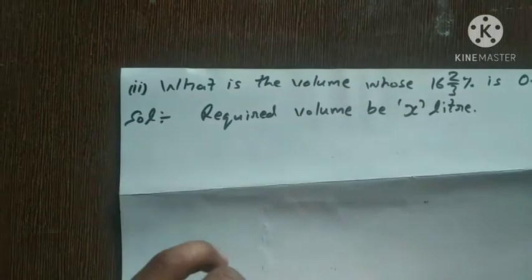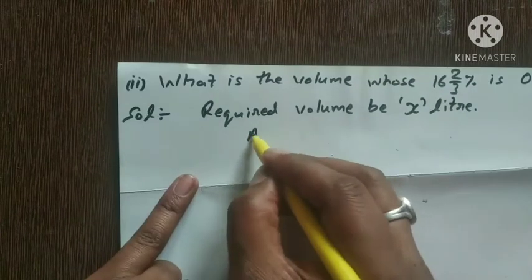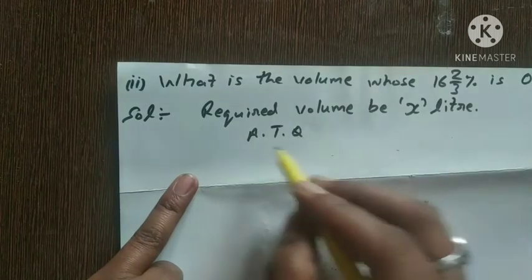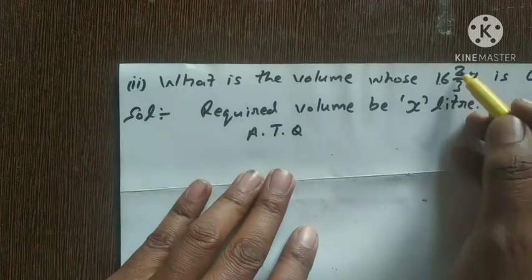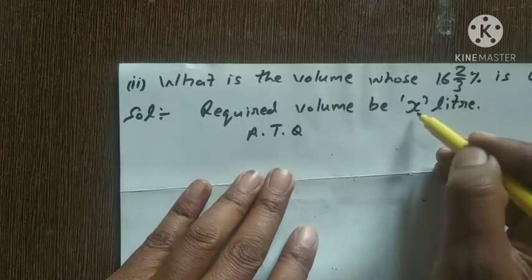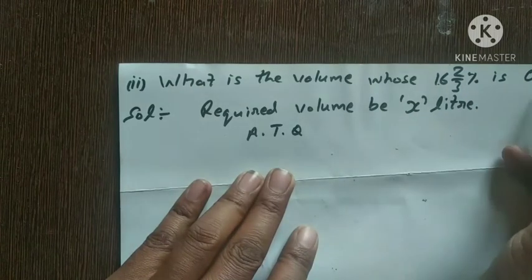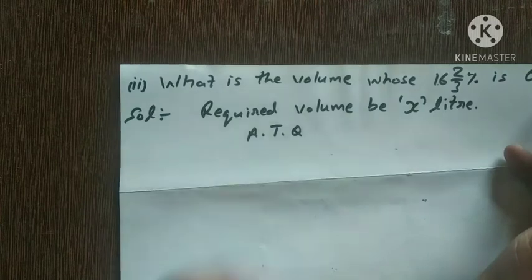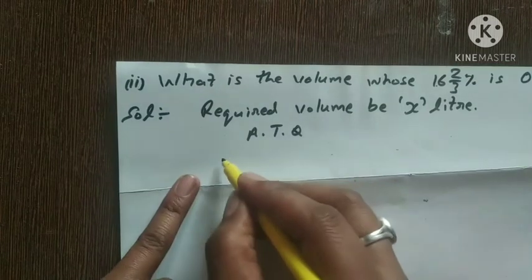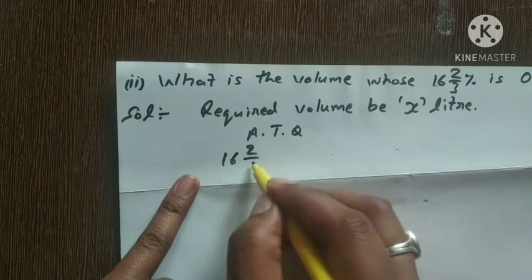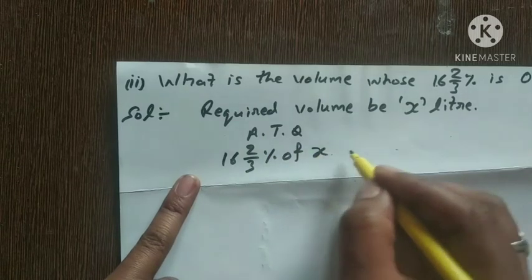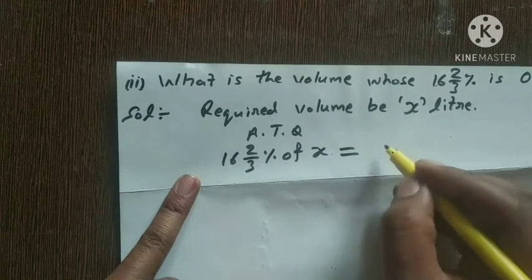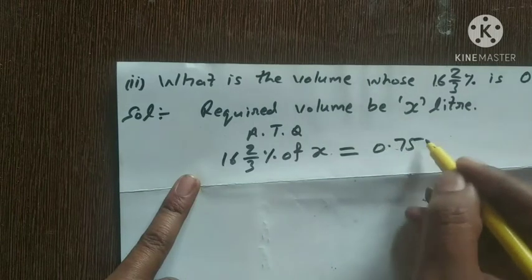Right? Now according to question, ATQ, mean according to question, 16 and 2 by 3% of this volume is equal to 0.75 liter. So 16 and 2 by 3% of x is equal to 0.75.